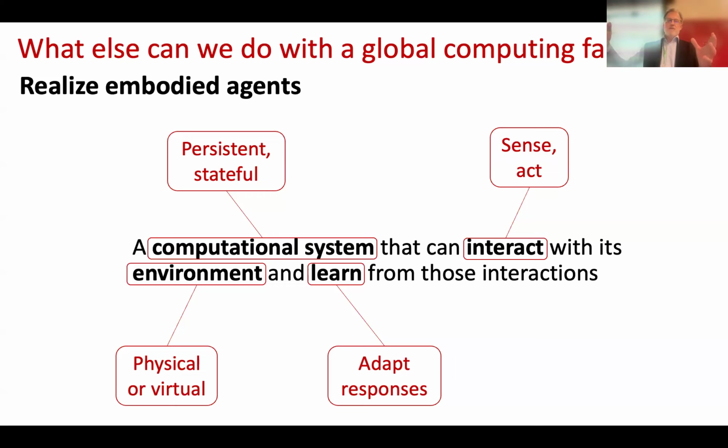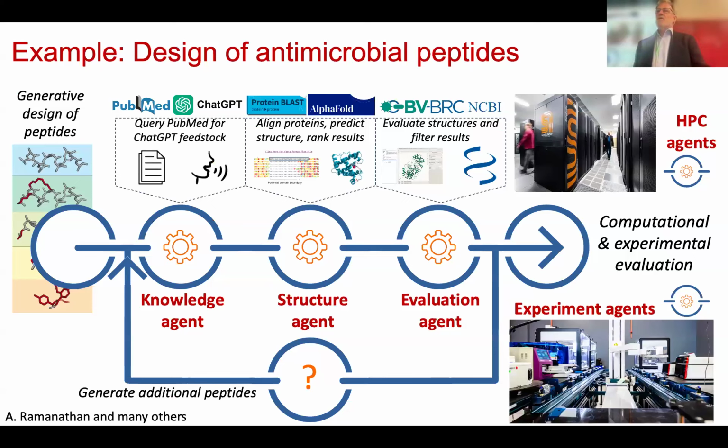learn from those interactions. So here's an example of one such system or set of agents that people at Argonne are developing, and I'll use it to illustrate a few different things. The goal here is to design antimicrobial peptides. A peptide is a small sequence of amino acids.